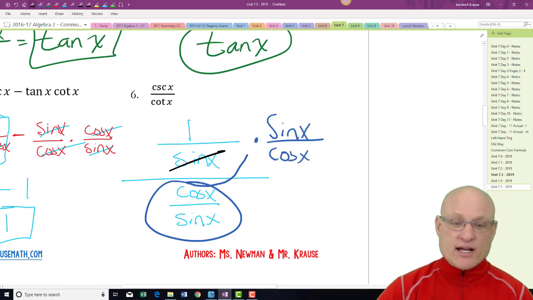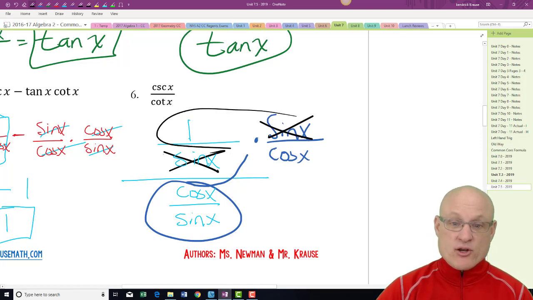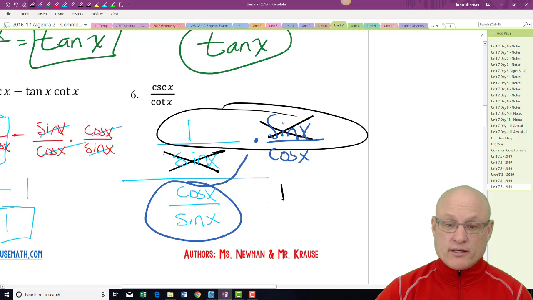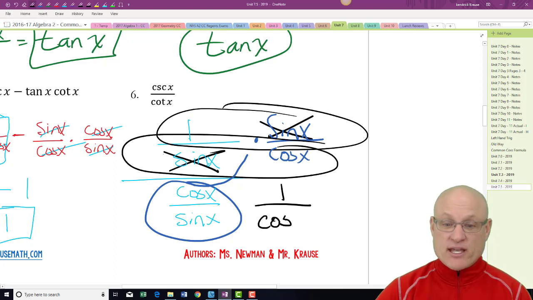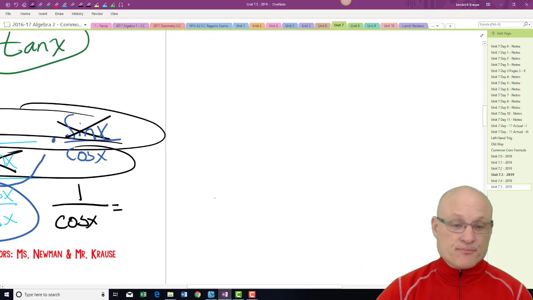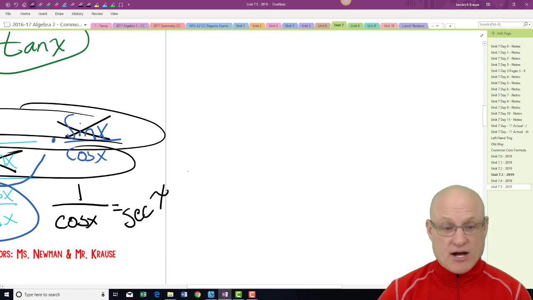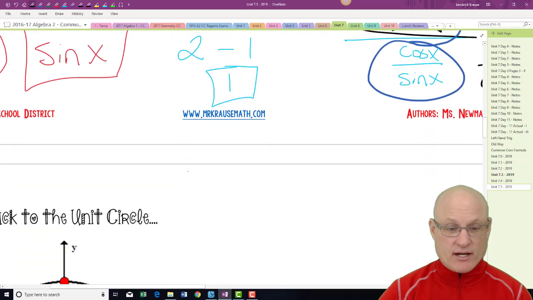So the sine x's cancel. What I'm left with in the numerator is 1, and in the denominator, I'm left with cosine x. Now, you can't leave it like that. You have to remember that that's really secant of x. All right, get those down. It's really important you get those down.